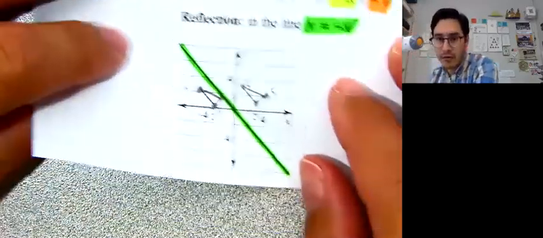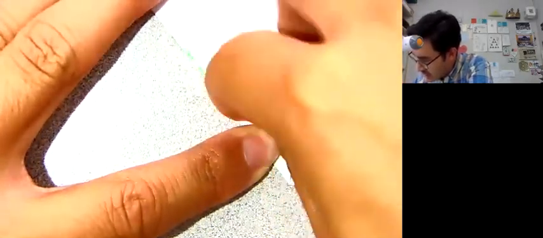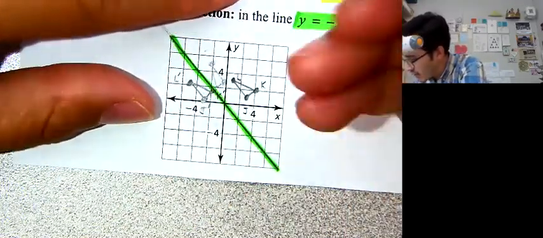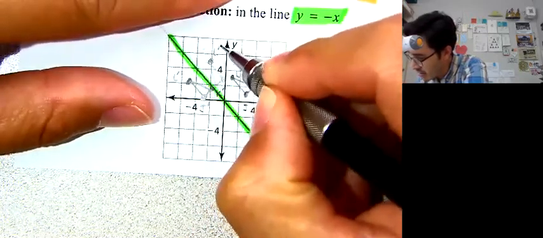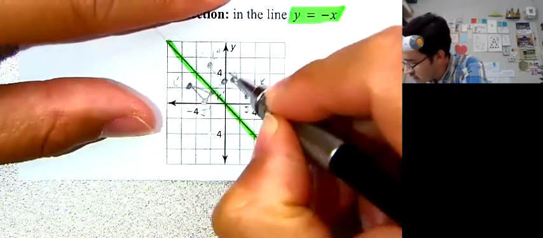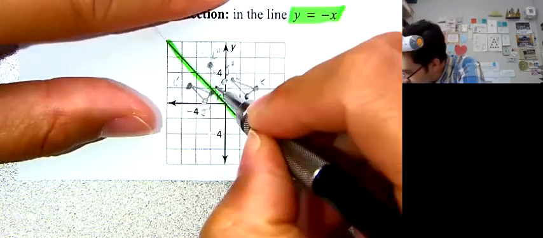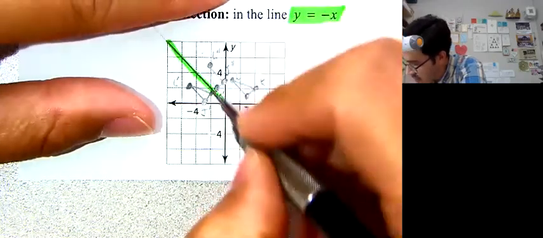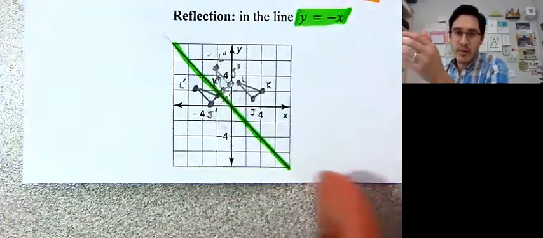Okay, so I've got my fold, and now I'm going to try to push the lead onto the other side of the paper. That was L prime, so now I'll call it L double prime. This point was J prime, now it's J double prime. And that point there is going to be our K double prime. Everything is crowded because the graph is so small.